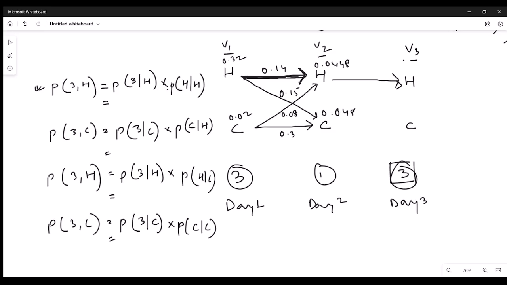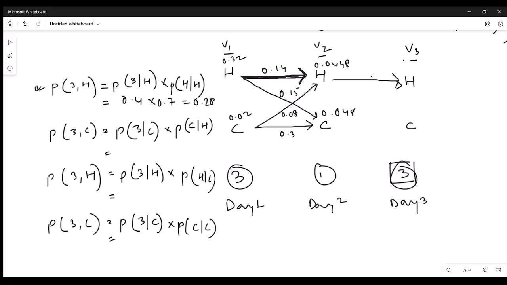These two probabilities, the first one is the emission probability, the second one is the observable transition probability. Now putting the values from the above matrix, we can write 0.4 into 0.7, which gives 0.28.